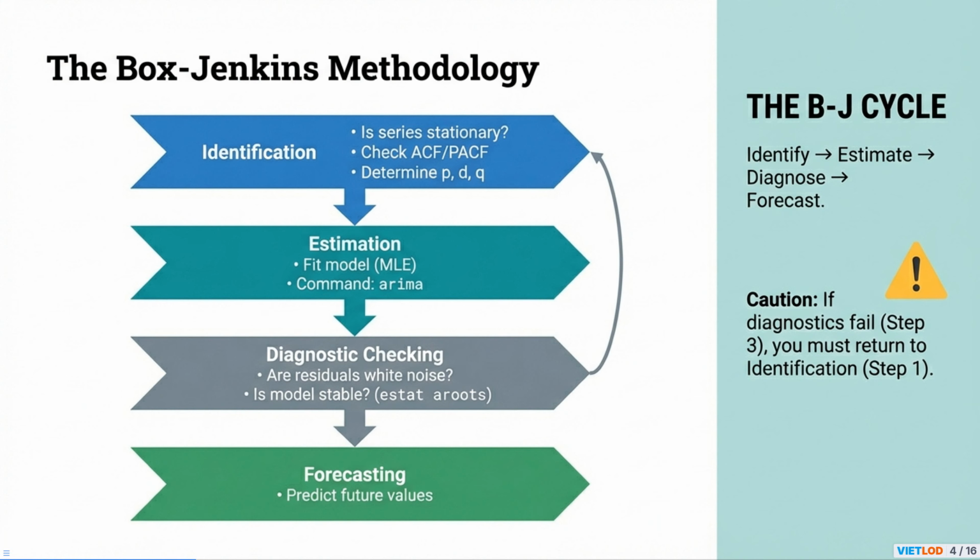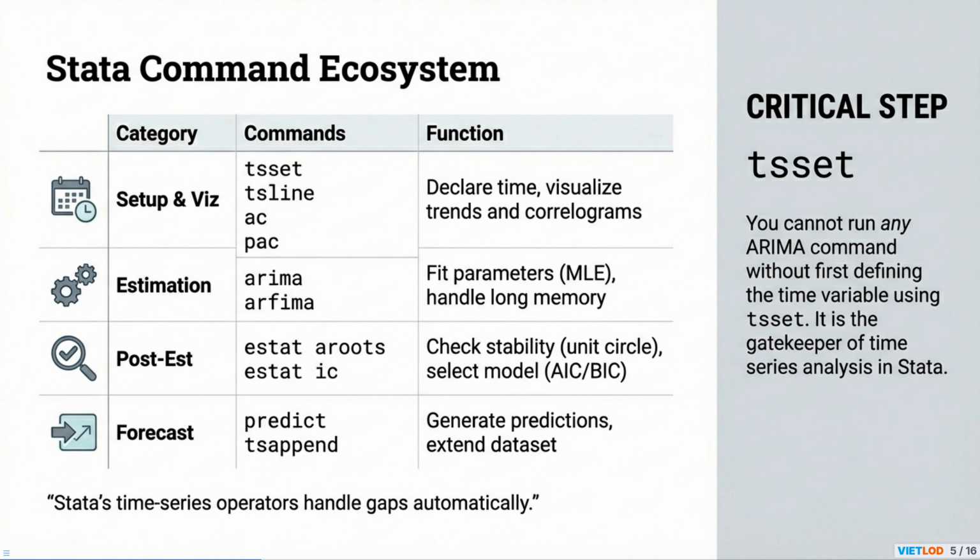Then comes diagnostic checking. Here, we verify if the model is adequate by checking if the residuals are white noise and if the model is stable. Finally, if the model passes the diagnostics, we proceed to forecasting to predict future values. If diagnostics fail, we must return to the identification step and refine our model.